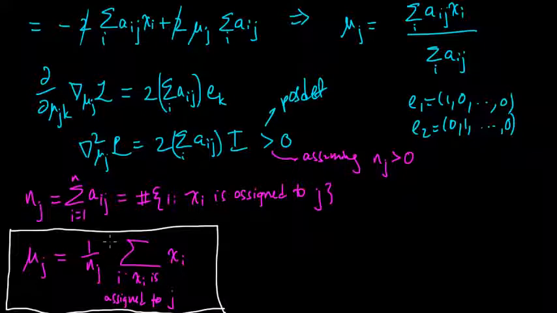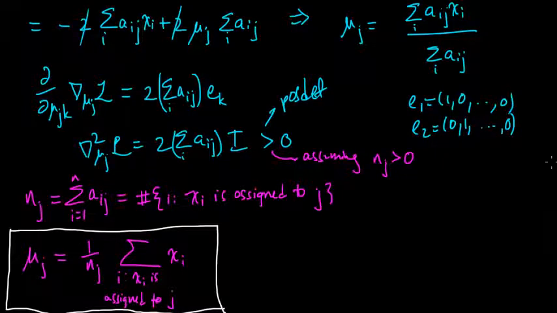Or, if nj was 0, meaning there was some center j for which no points were assigned to it, another thing you could do would be to randomly set that mean to one of the points in the data set. Then that point would be guaranteed to at least be assigned to that center on the next go around. So that's a couple of ways.